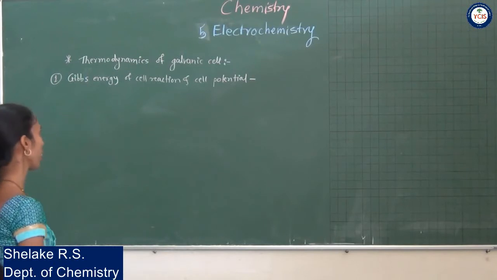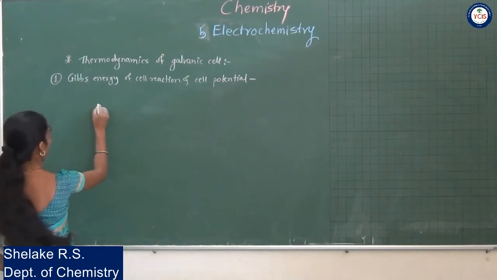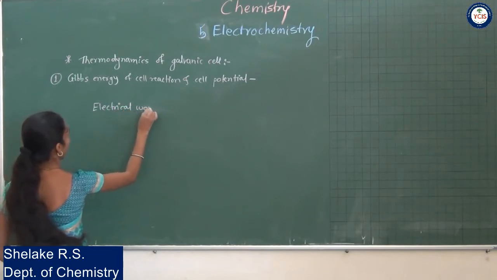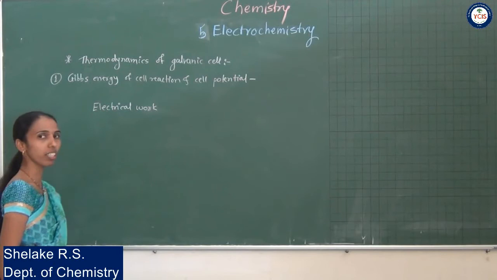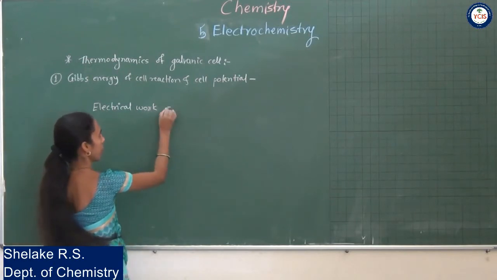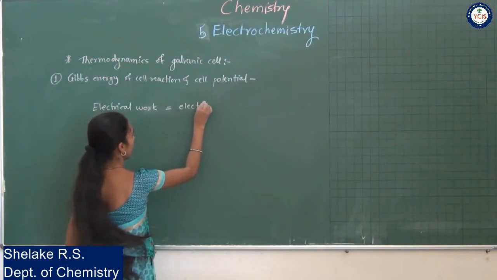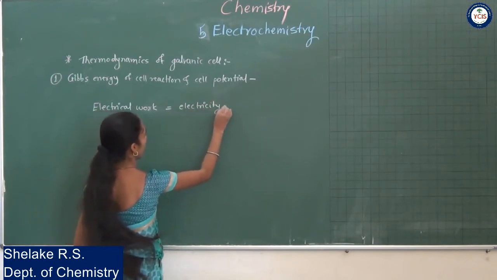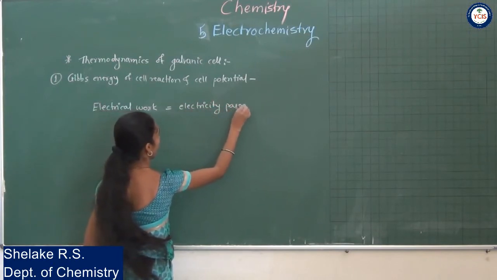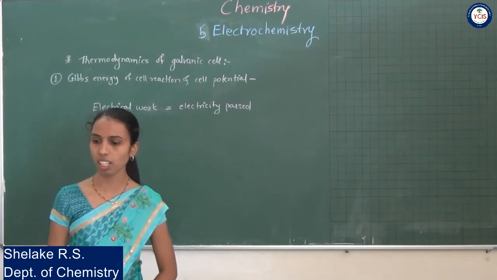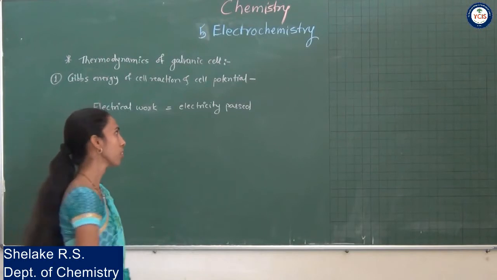You can write it down here, the Gibbs energy or the electrical work done in a galvanic cell is nothing but the charge, or you can say the amount of electricity passed through the cell into cell potential.